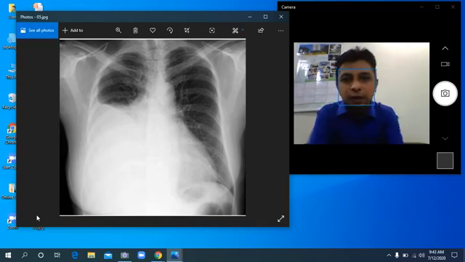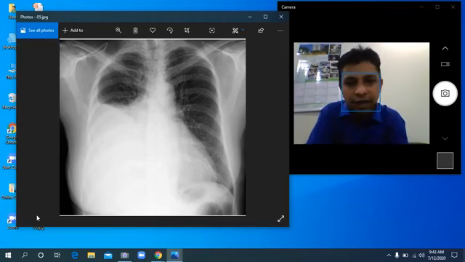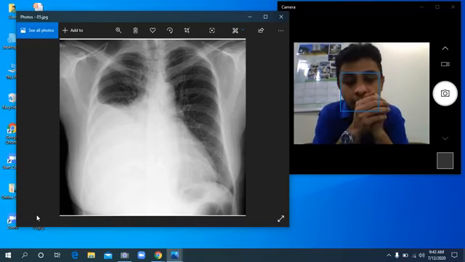Pleural biopsy is much more sensitive than pleural fluid analysis for diagnosis of tuberculosis and malignancy. Where in tuberculosis there is only 20% positivity of AFB in fluid and 35% positivity of mycobacterial culture in the fluid, pleural biopsy gives 80% positivity rate when we are taking biopsy from the pleura.